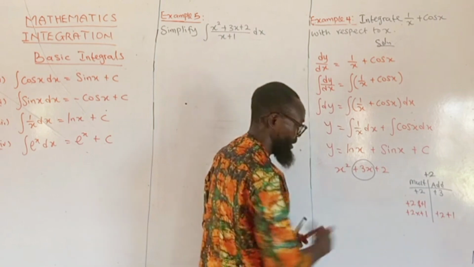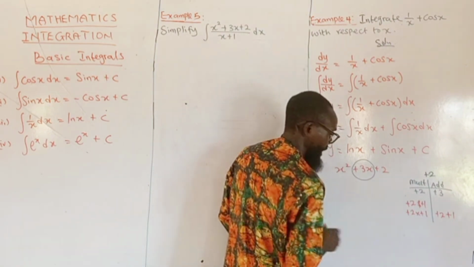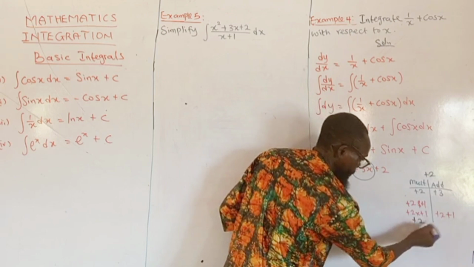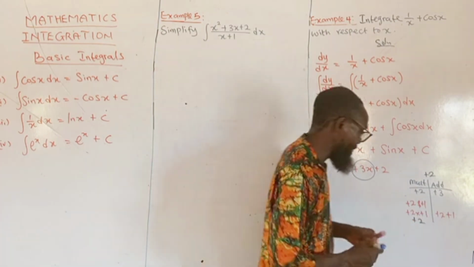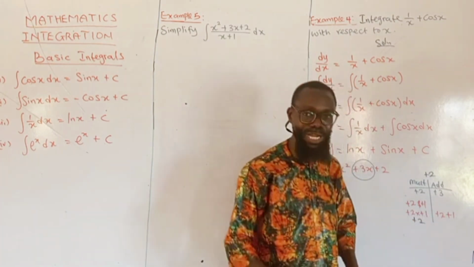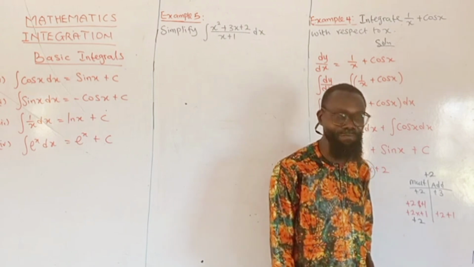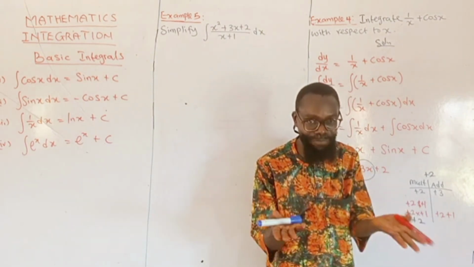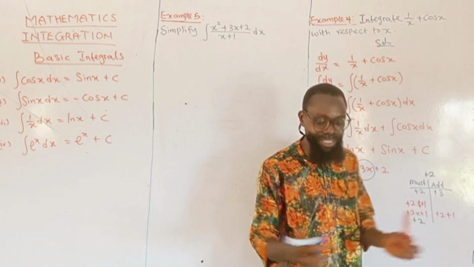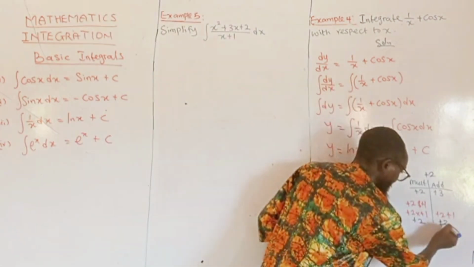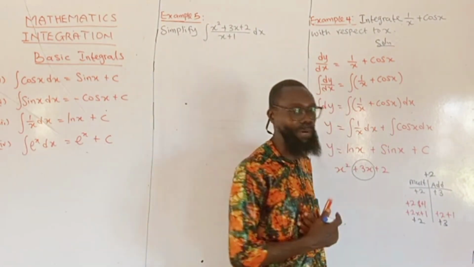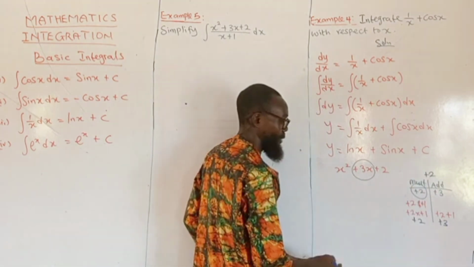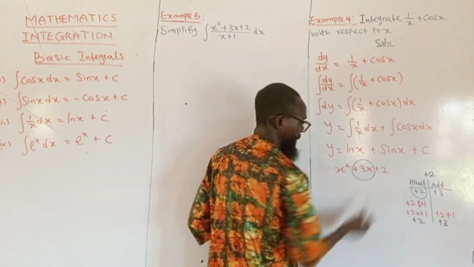Plus times plus, I have plus. 2 times 1, I have 2. Here, plus 2: I have 2 naira with me in my first pocket. Plus 1: I have 1 naira with me in the second pocket. How much am I having together? Definitely it is 3. That is plus 3. So the plus sign means I am the owner of the money. Now, when I multiply, I'm able to get plus 2. When I add, I'm able to get this plus 3.